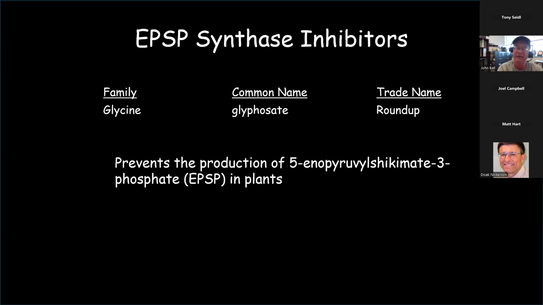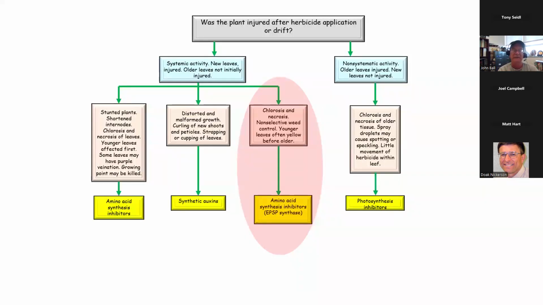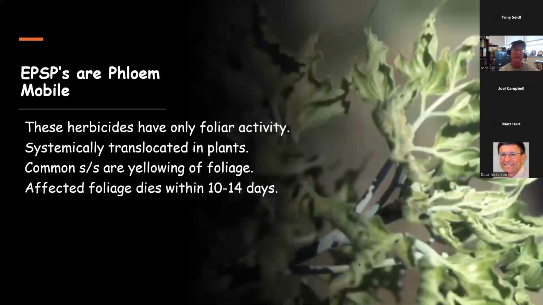By the way, glyphosate used to be included in that, but now it's actually in its own separate category. We know it as Roundup, of course. On these, we'll get chlorosis. We'll get necrosis, actual dead tissue. It's non-selective. The youngest foliage often becomes yellow sooner than the older foliage.